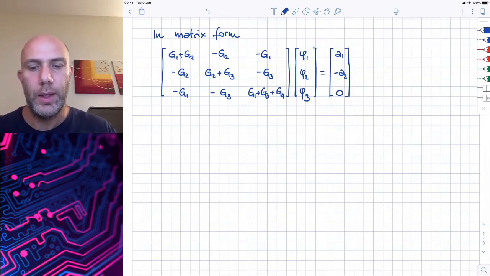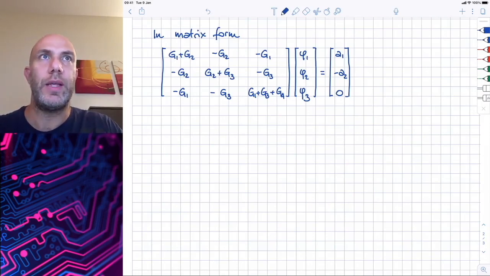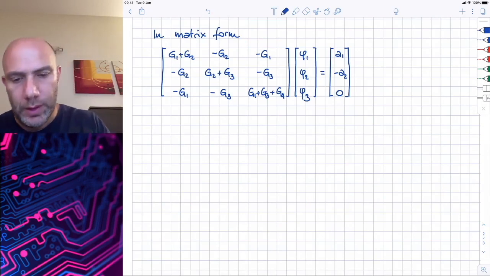Let's try now to investigate how this matrix is structured.